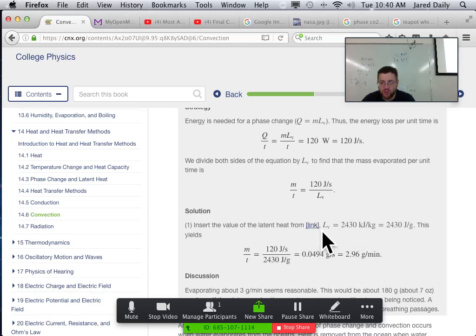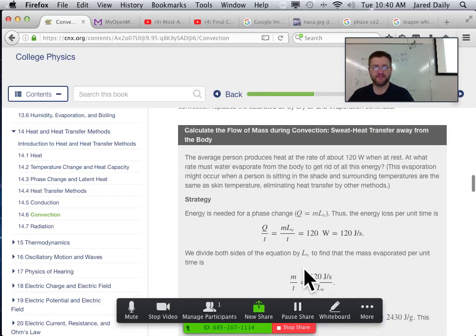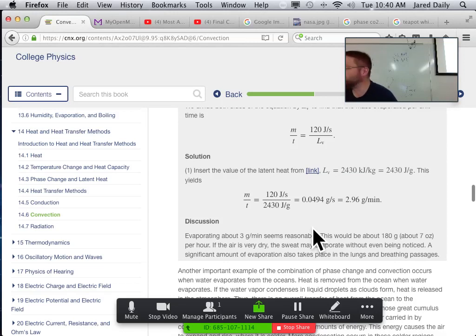Latent heat of vaporization for sweat, not for water, is 2430 kilojoules per kilogram, which is 2430 joules per gram as well. They plug in those numbers and they get 0.0494 grams per second. So you lose 2.96 grams per minute of sweat. This is just normal. This is how much weight you lose just by sweating, right?